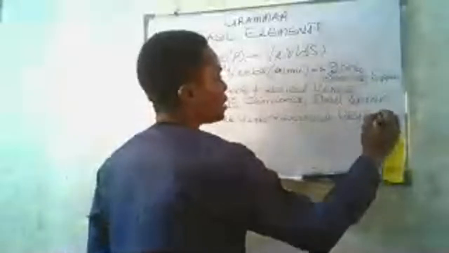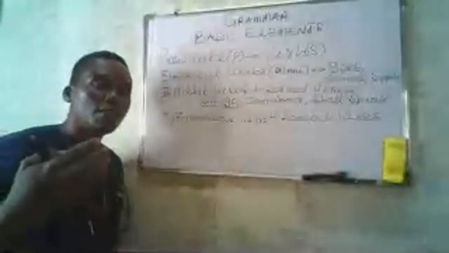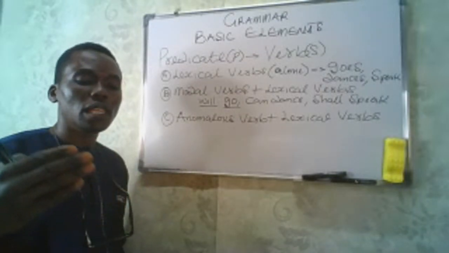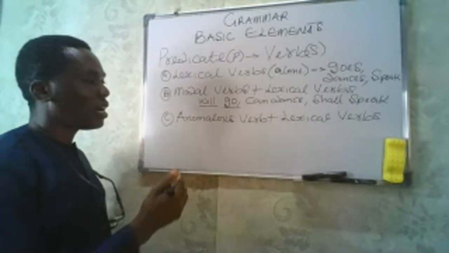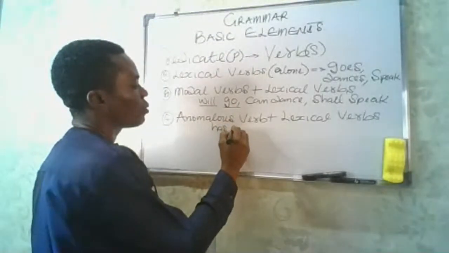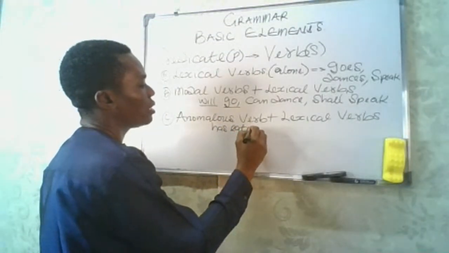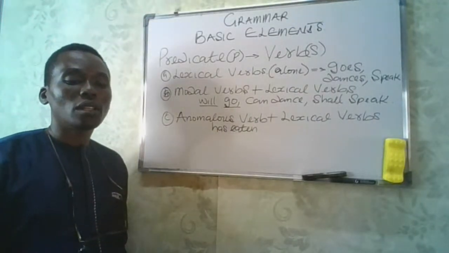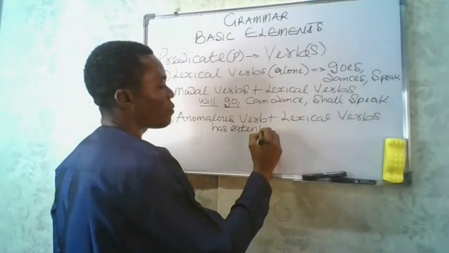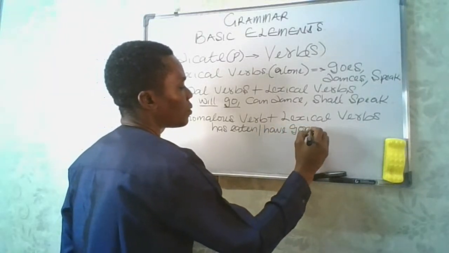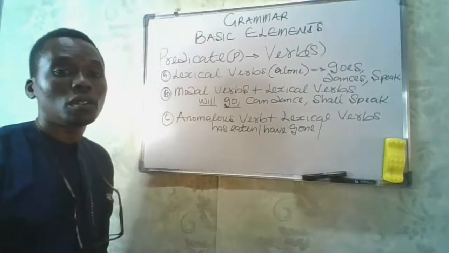So if we combine these verbs, we can combine these verbs to form verb in any sentence. And what are they? You can say has eaten, right? We can also say have gone, right?